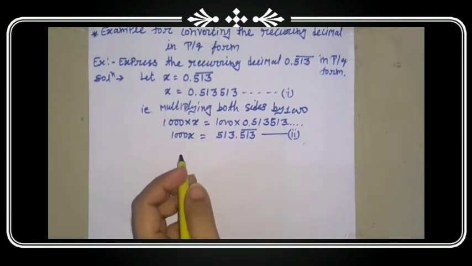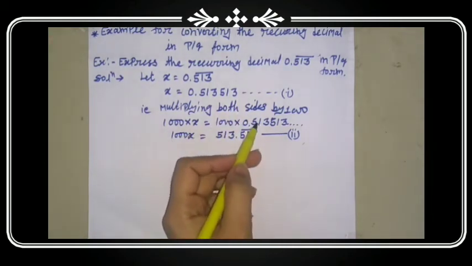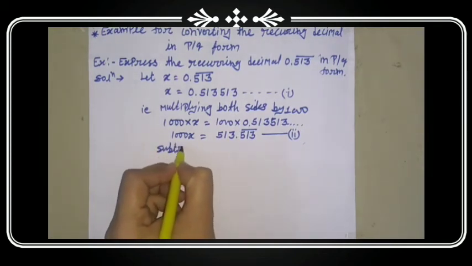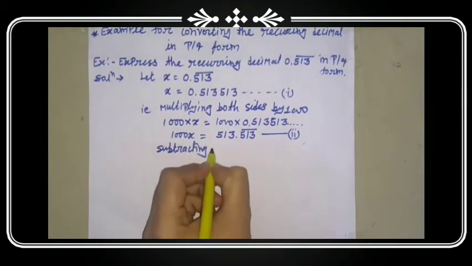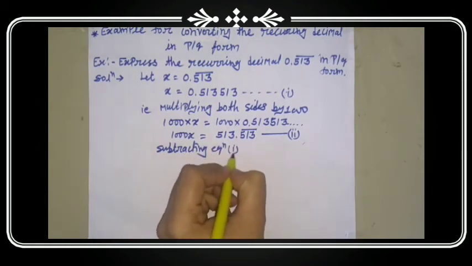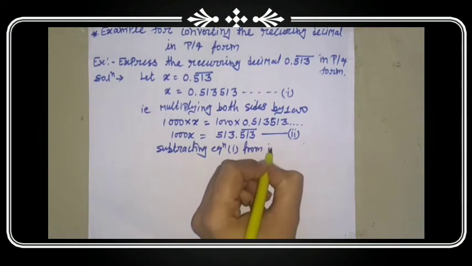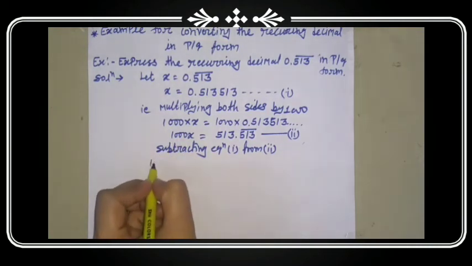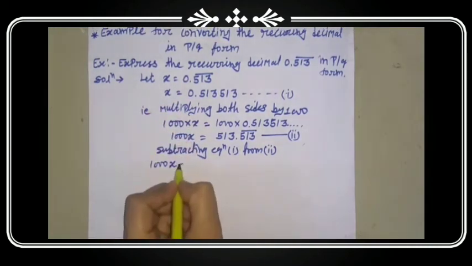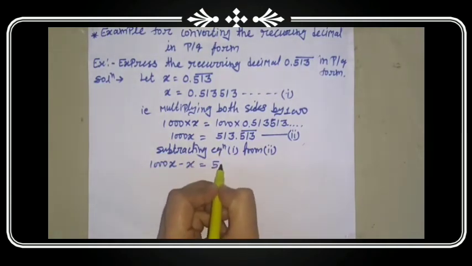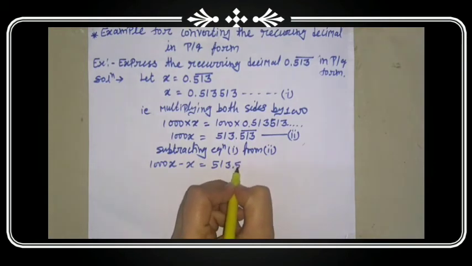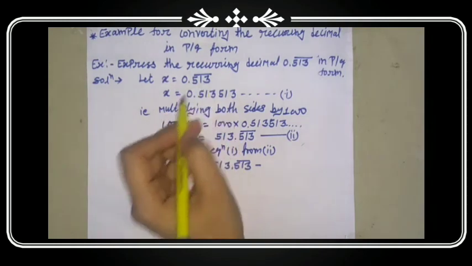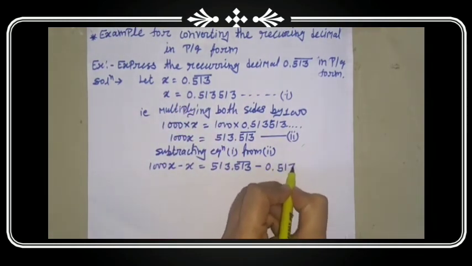Step 4: subtract the first equation from the second. 1000x minus x equals 513.513 bar minus 0.513 bar.